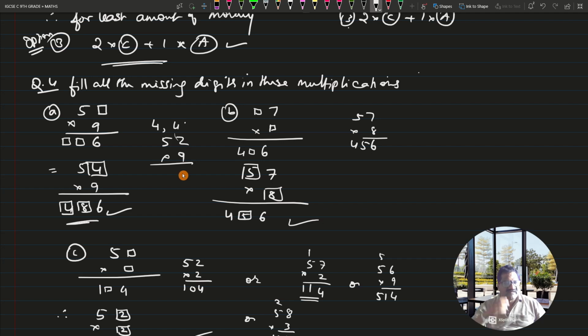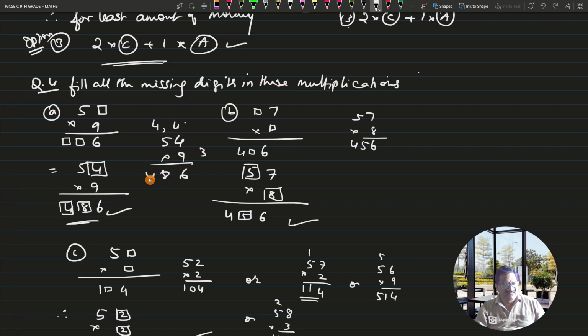9 twos are 18, so I cannot take 2 over here. So I'll have to take 4, I suppose. Yeah, I'll have to take here 4. 54 into 9. Now 54 into 9, let us try to work out. 9 fours are 36, so 6 I'll get, 3 carried. 9 fives are 45, 45 plus 3 is 48.